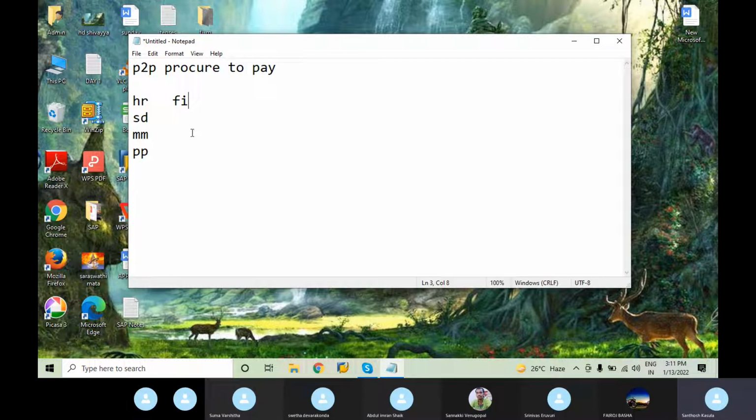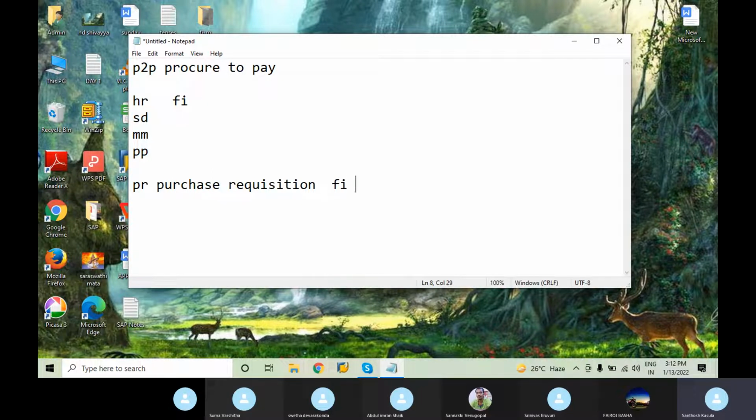For this, there is a process called PR, which is purchase requisition. Basically, whatever the particular department requires, they send the purchase requisition form to the FI people.